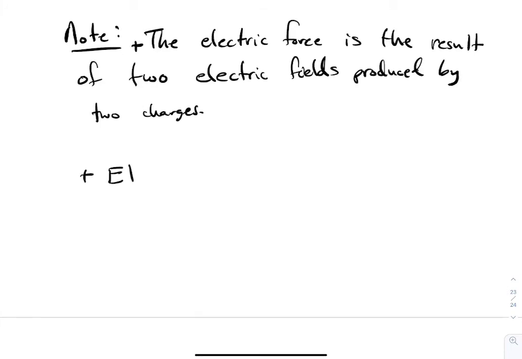Electric fields in any volume of space will superpose, which is a fancy word for add together, to create a total or net electric field.